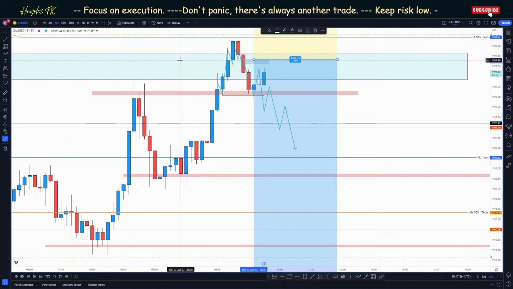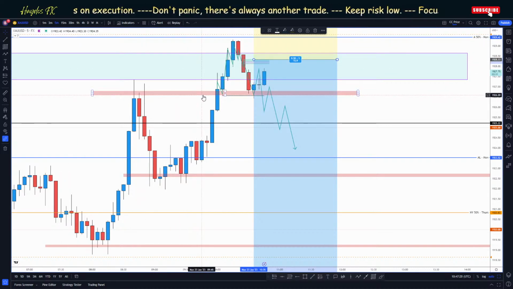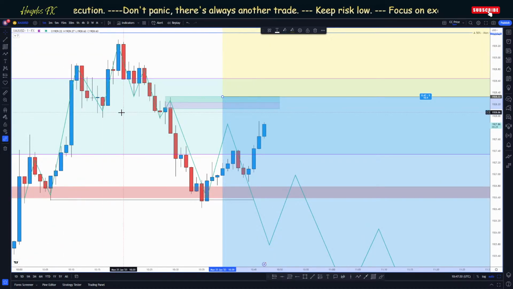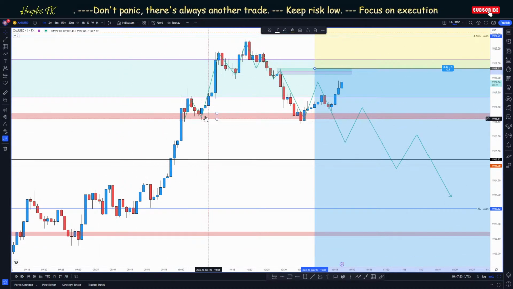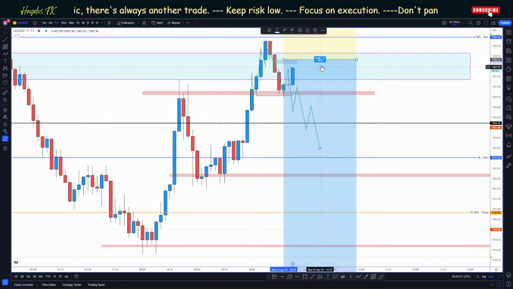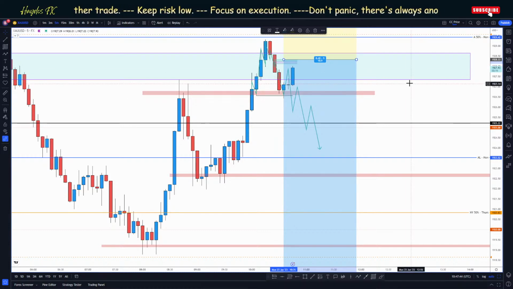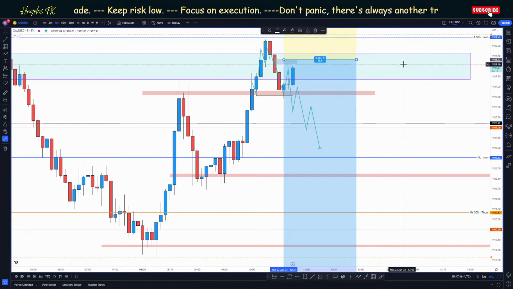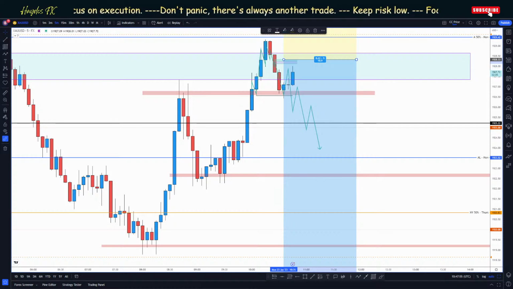It's had a really nice bounce off the 1 minute 50 EMA. I'm a little bit concerned about this support. So I know this is risky. I'm going to give it a go.